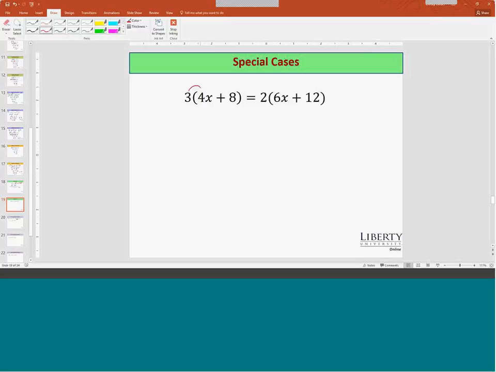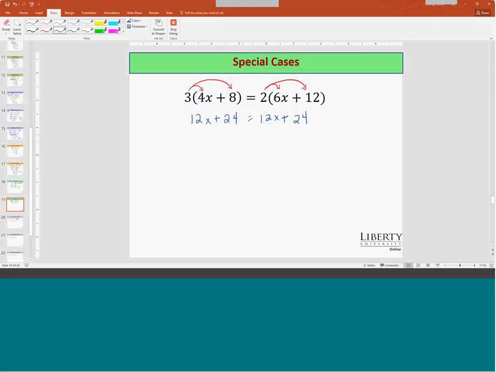Again, let's simplify the expressions on the left and on the right by distributing. 3 to the 4x is 12x, 3 times 8 is 24, and on the right, 2 times 6x becomes 12x, and then 2 times 12 is 24.